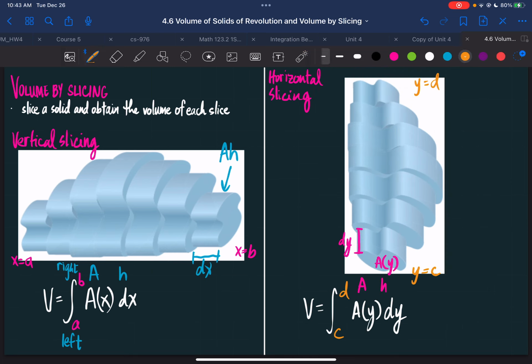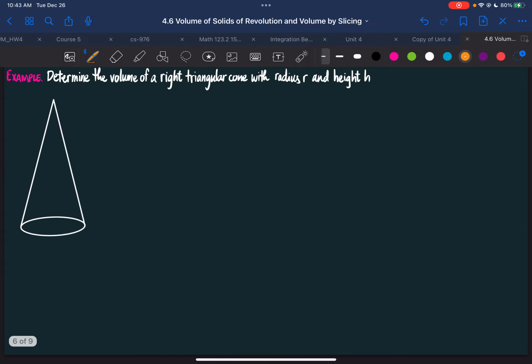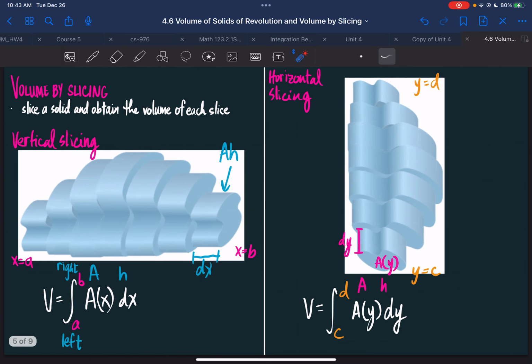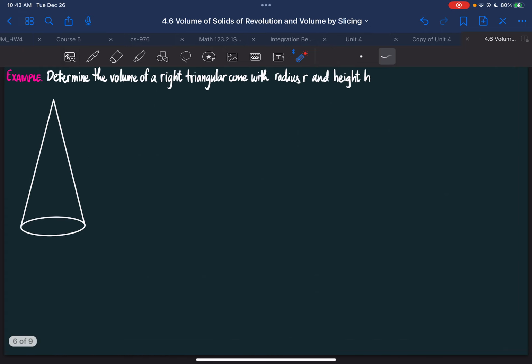Let's proceed with a simple example. Let's determine the volume of a right circular cone with radius r and height h. The challenge here is we have to identify whether we will do a vertical slicing or a horizontal slicing.